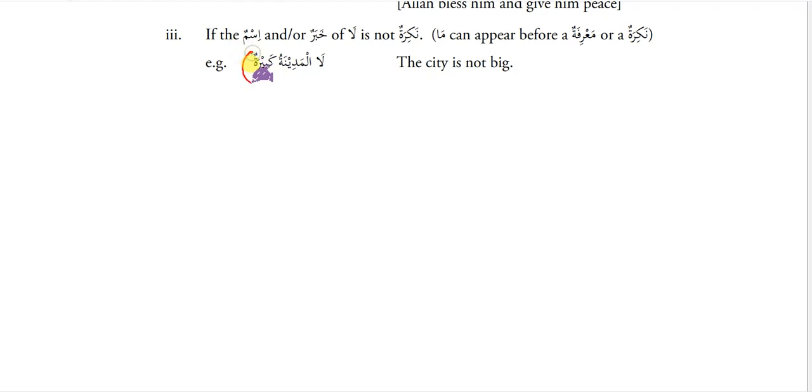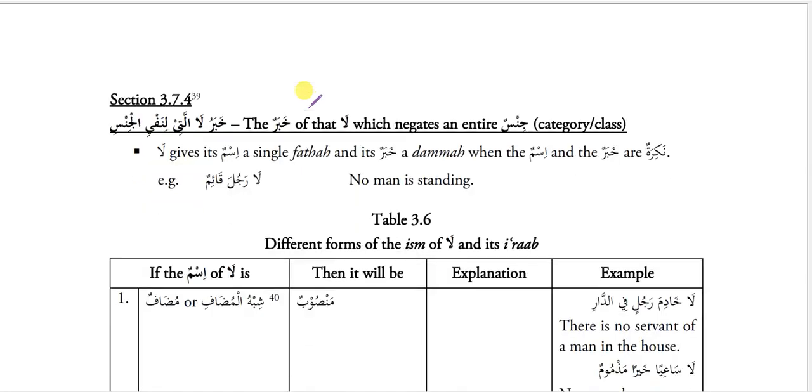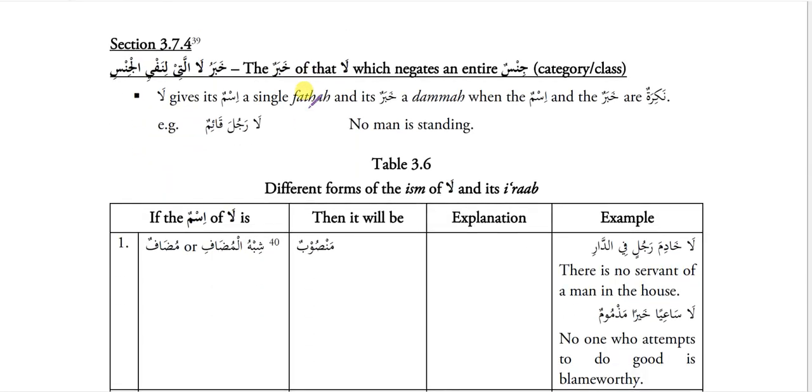Here the ism is not nakira but ma'rifa, so here also the effect of la is cancelled. So the difference between ma and la is that ma comes before mubtada and khabar, but la comes on mubtada and khabar only where the mubtada is nakira, not ma'rifa. These are very rare uses, so you will hardly find them in the book, inshallah, so don't worry about it.